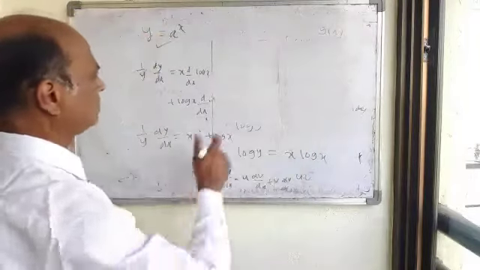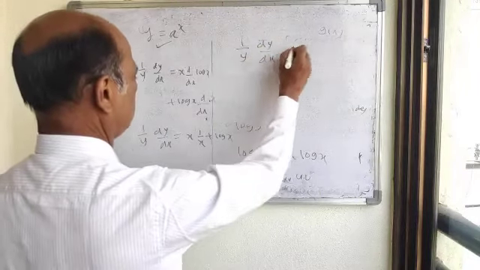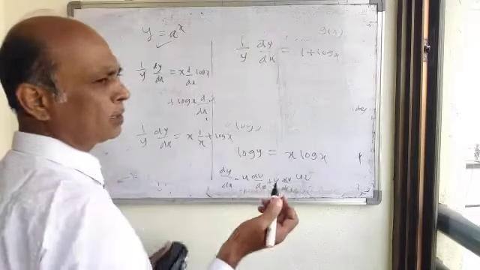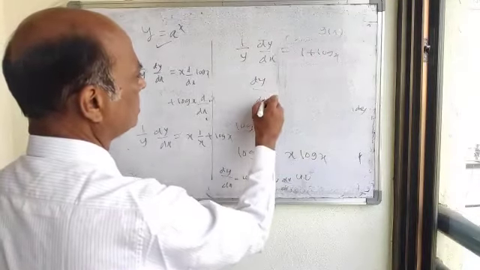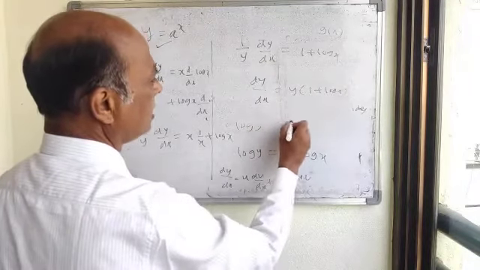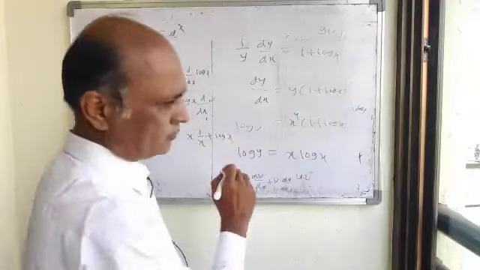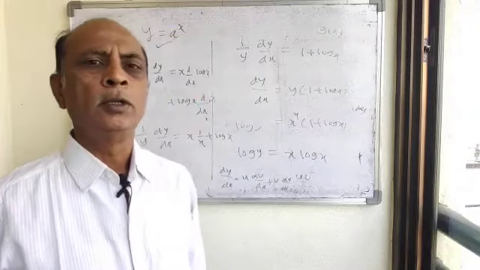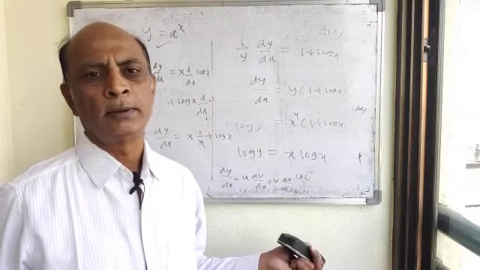So 1 upon y dy by dx is equal to 1 plus log x, and therefore by multiplying y on both sides you get dy by dx is equal to y into 1 plus log x. But what is our y? x to the power x. So in such cases you have to use the logarithm when the power and base are both variable.